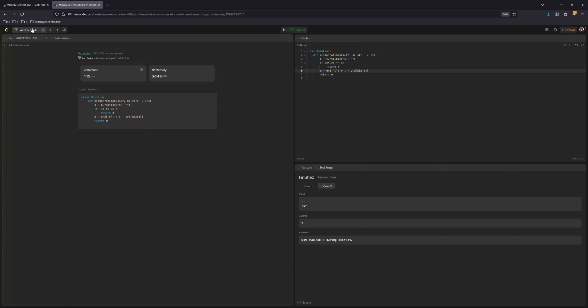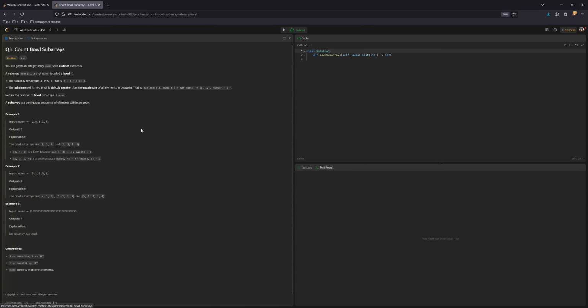That's interesting. Okay. Count bool subarrays. You're given an integer array nums with distinct elements. A subarray nums L through R of nums is called a bool if the subarray has length at least 3, and the minimum of its two ends is strictly greater than the maximum of all elements in between.